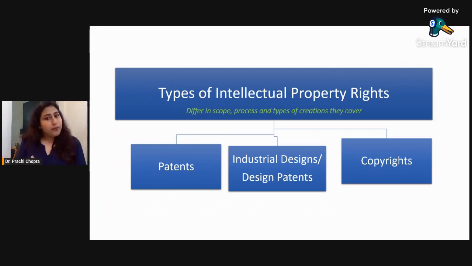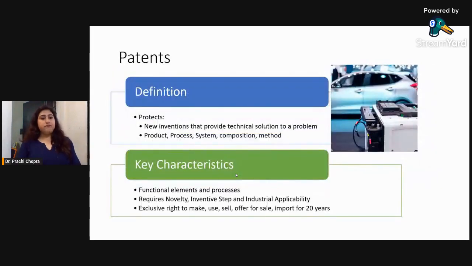And then copyrights. The different scope, the different process, and the types of creations they cover, and accordingly protect different features of an invention. So, coming to patents first.